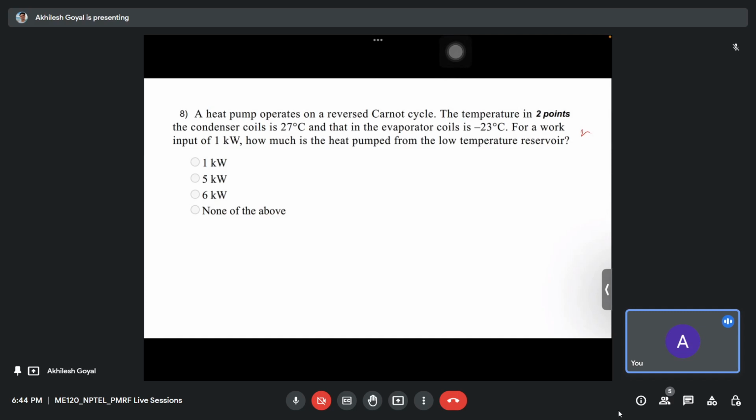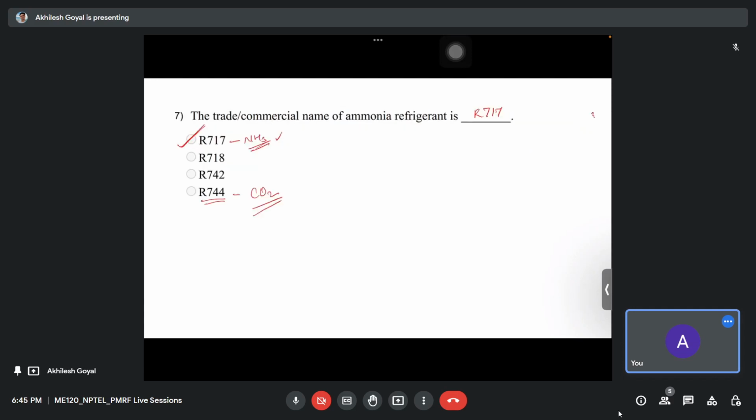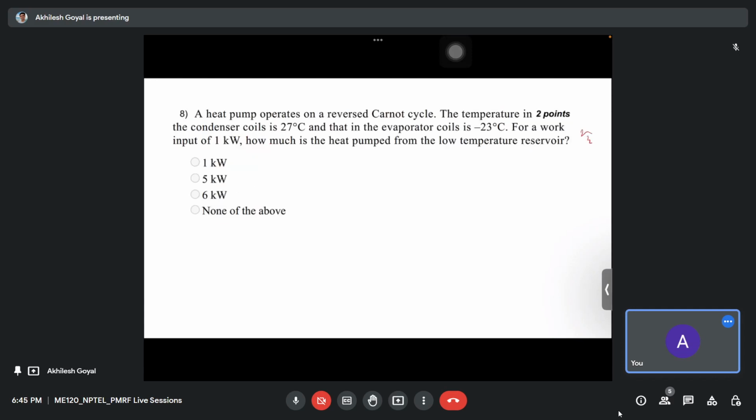For a work input of 1 kilowatt, how much is the heat pumped from the low temperature reservoir? So let's first make a schematic.